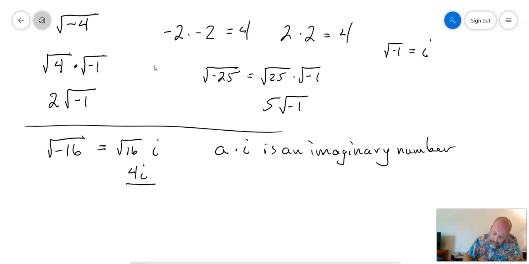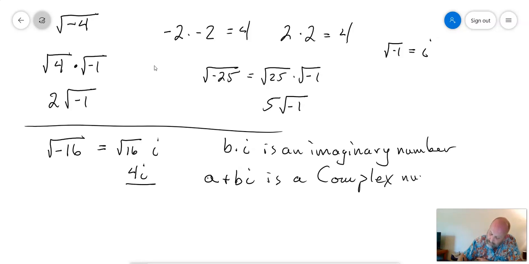So now when you combine these with a real number, right? Actually, let me change that to a b just for notation reasons. If I have something that's in the form a plus bi, this is called a complex number.